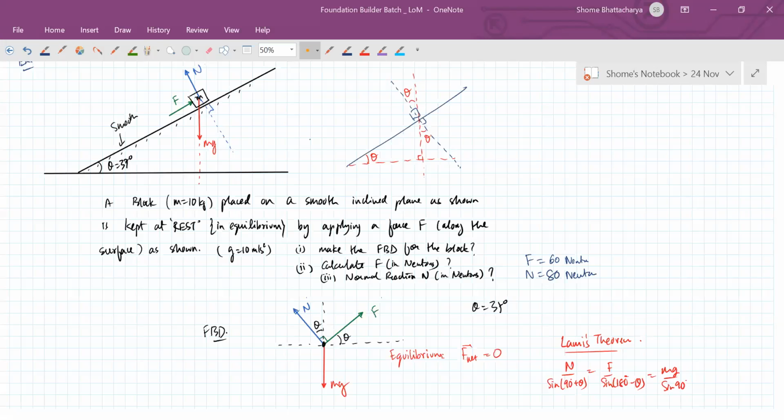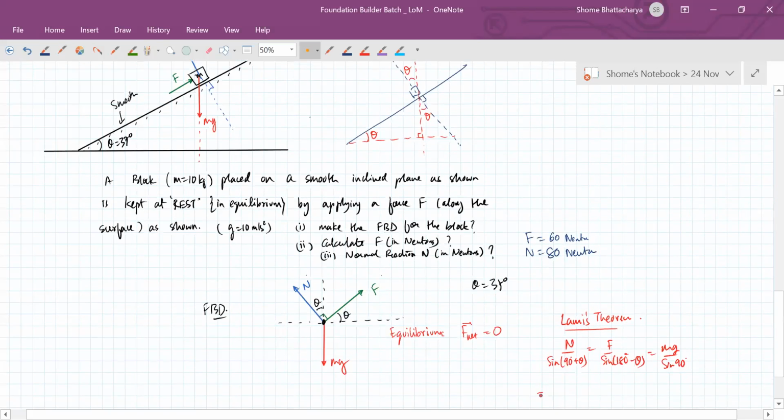So next step, N divided by cos theta should be equal to F divided by sine theta, which should be equal to mg.